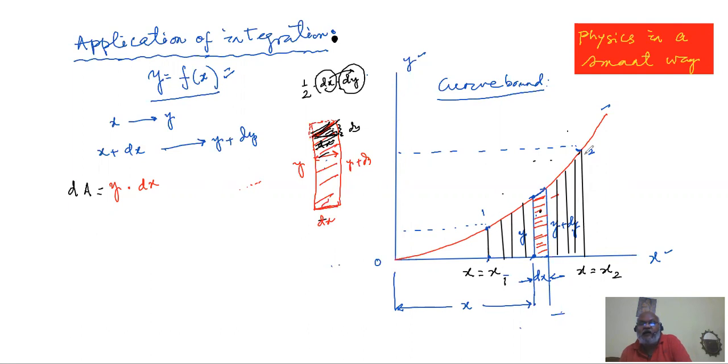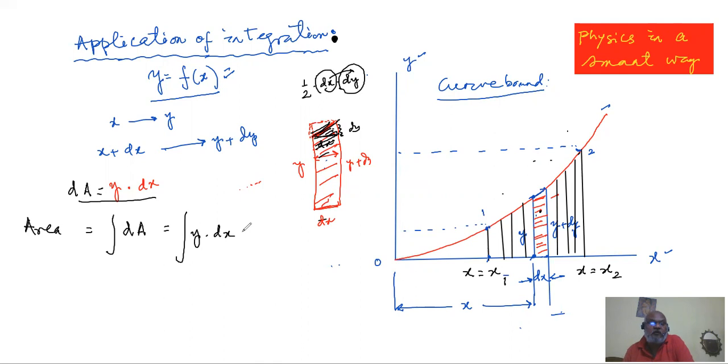And if you add all those areas, then the total area is bound to come. An addition of such small quantities, dA1, dA2, dA3, dA4 like that, we know is nothing but integration. So the total area can be found out by integrating all those small areas, and our elemental small area is nothing but y dx.